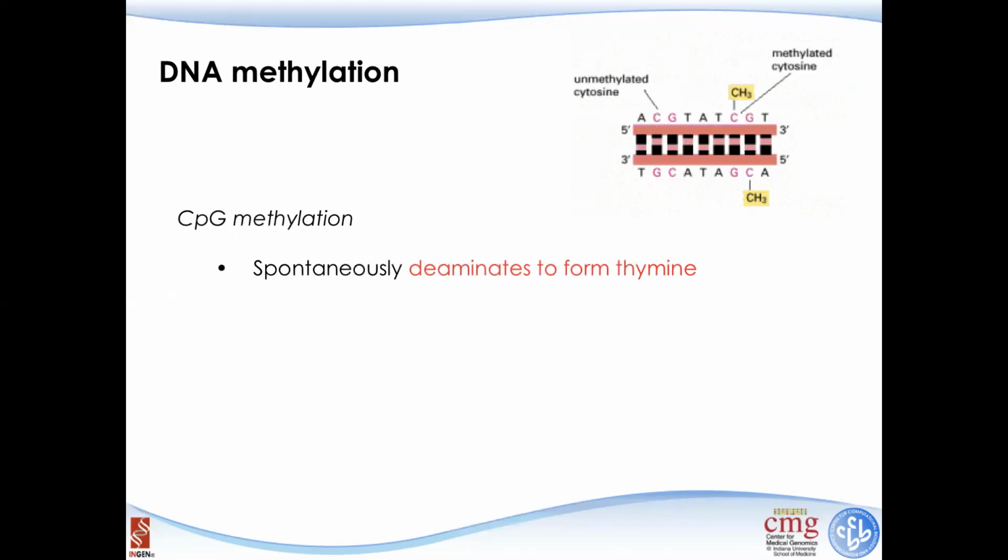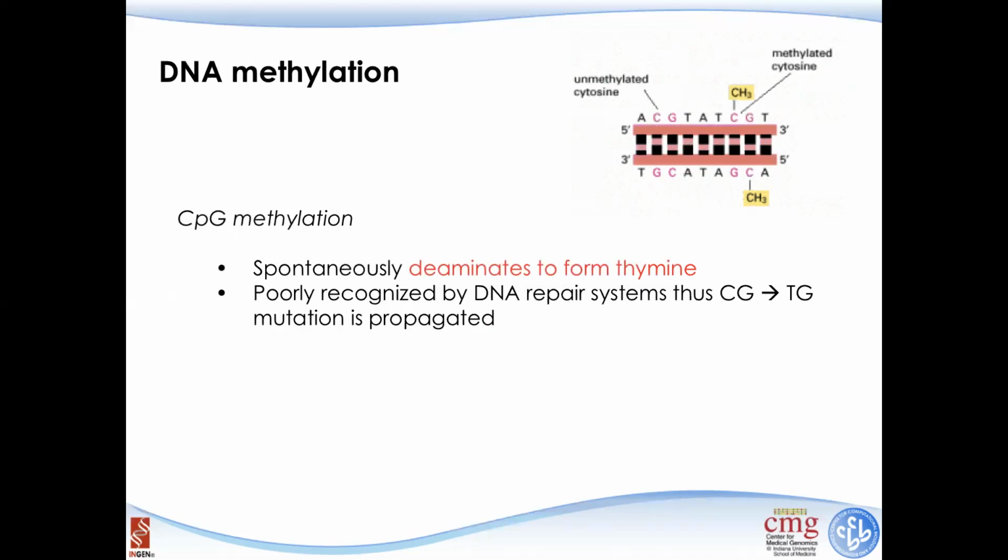We know methylated cytosine can spontaneously deaminate to form a T, C to T, and because DNA repair systems poorly recognize this methylated CpG, for a long time that CpG can eventually become a TG mutation and then propagate. It's the most common case in some cancers.